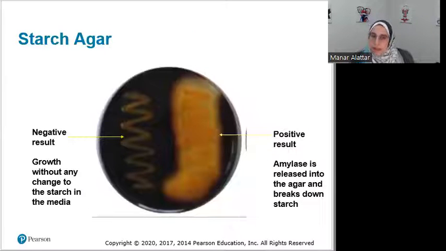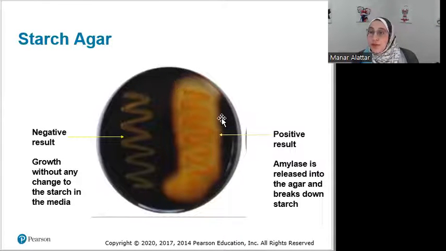hydrolysis. Same for starch. We'll use a plate that has starch added to it. If the organism utilizes the starch, then it will be hydrolyzed and it won't be present in the media after incubation. And when we add iodine, we'll see a halo around those organisms, whereas organisms that don't utilize starch will just grow, but they won't show this halo when we add iodine.